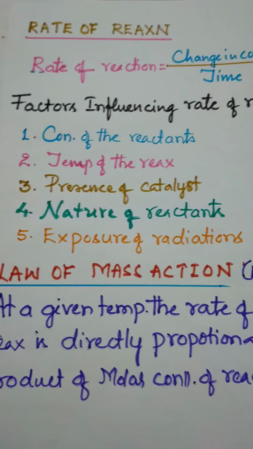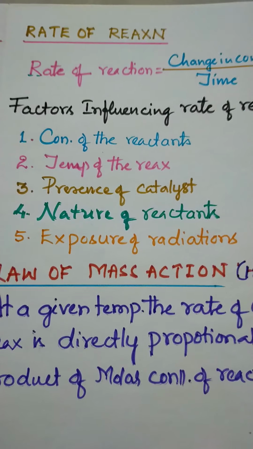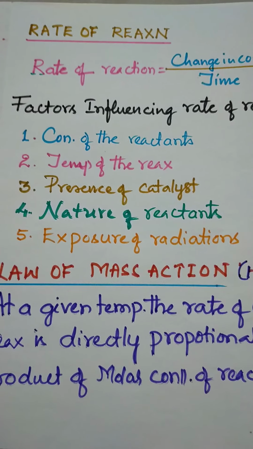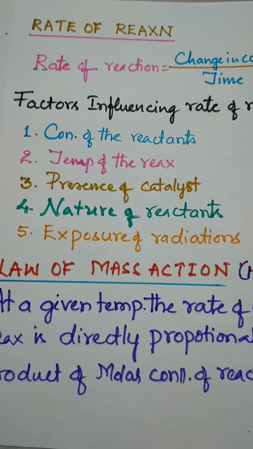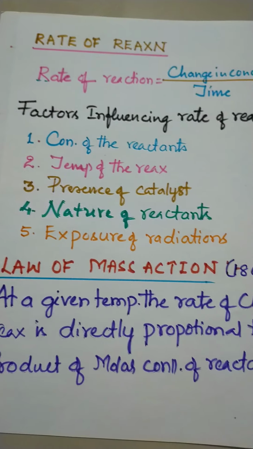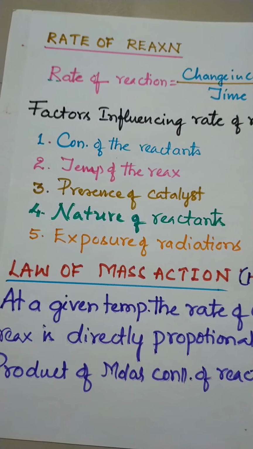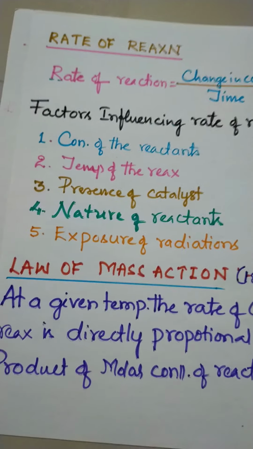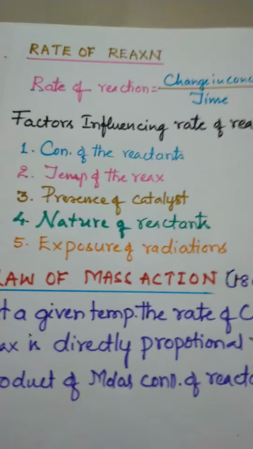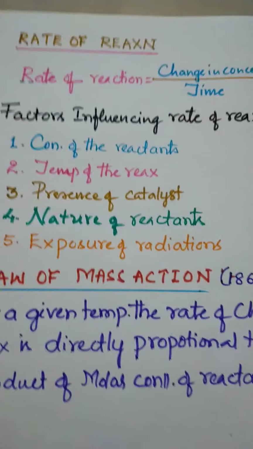If haloalkanes are exposed to light, they change color. So the exposure of radiations also affects the rate of reaction. Pure haloalkanes are colorless, but when exposed to air, they impart color.